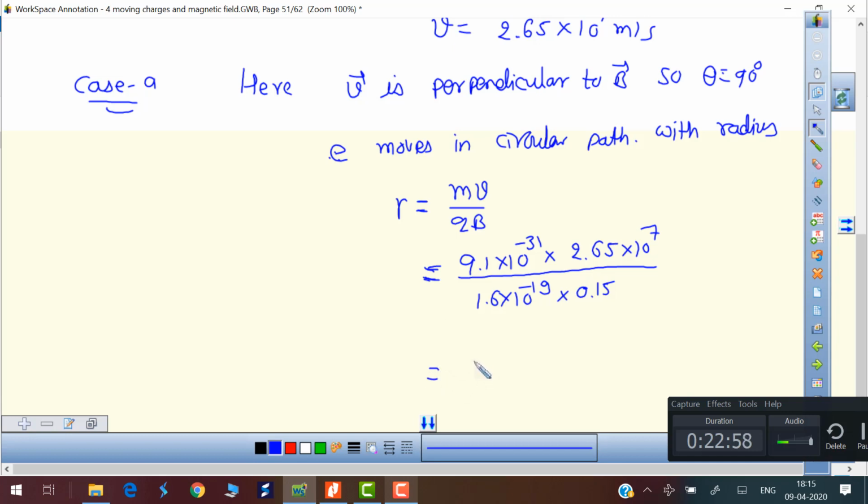So this comes out to be 10 raised to minus 3 meter, and it is 1 millimeter. So this is the radius.